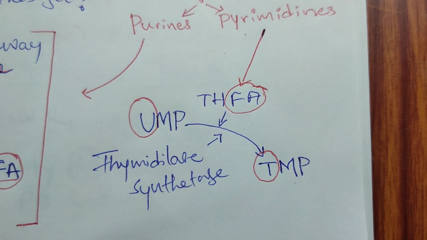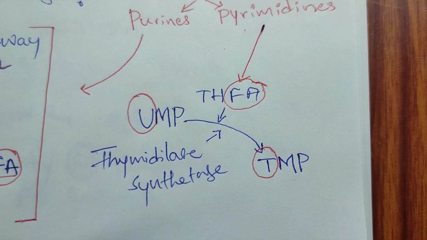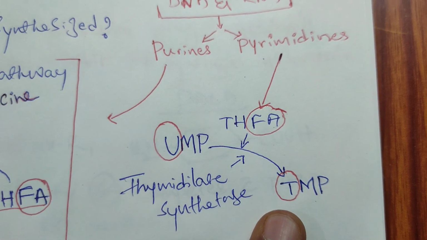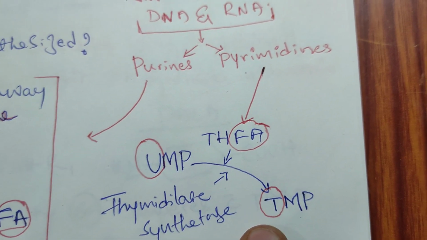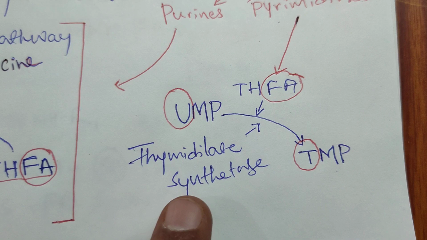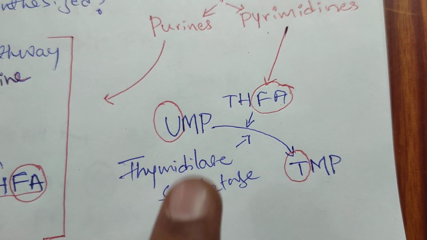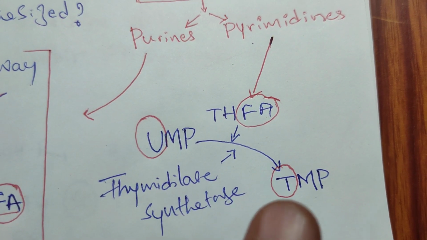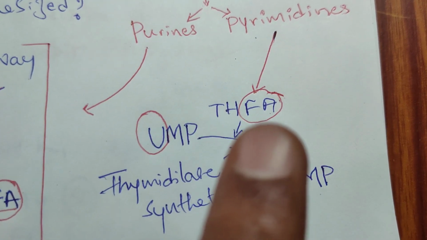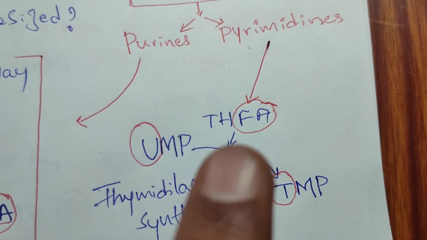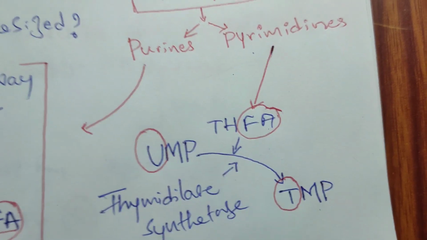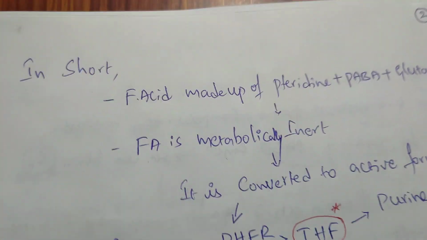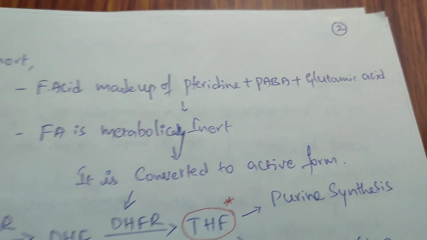When DNA synthesis is there, this uridyl monophosphate is converted to thymidylate monophosphate, under the supervision of an enzyme called thymidylate synthetase. In this also, tetrahydrofolic acid is involved as a cofactor. Without that, there is no conversion. So whether it is purines or pyrimidines, the presence of folic acid is highly essential.